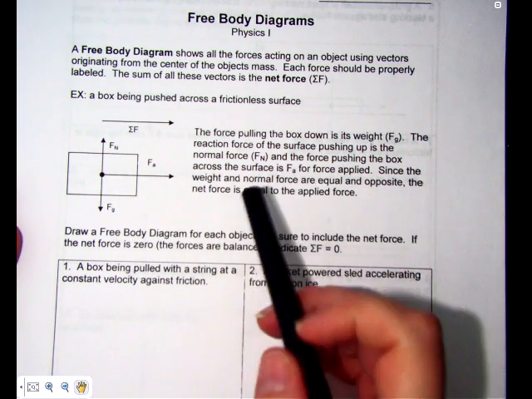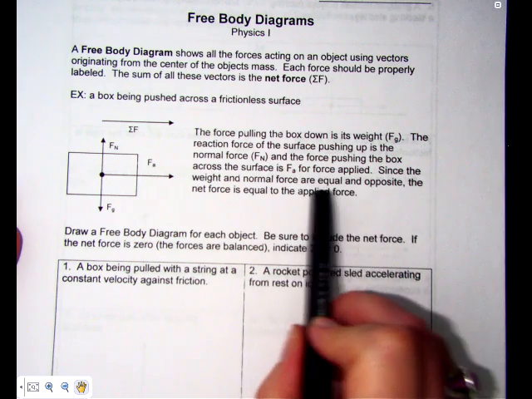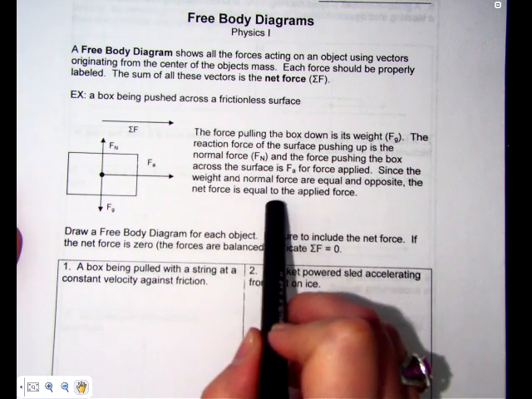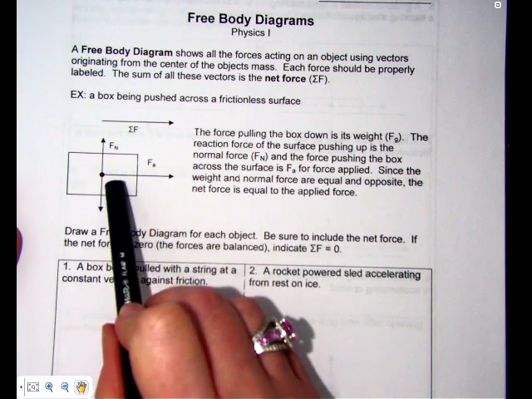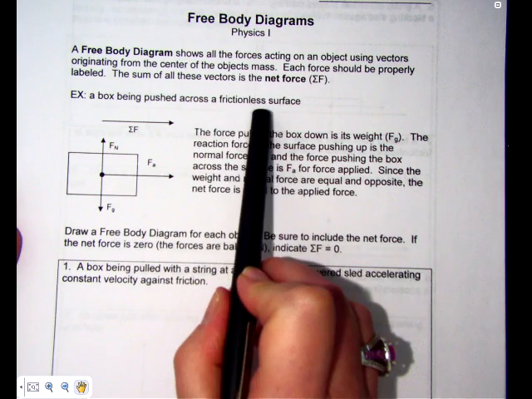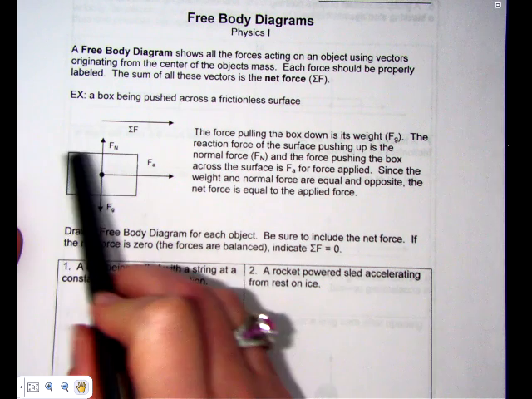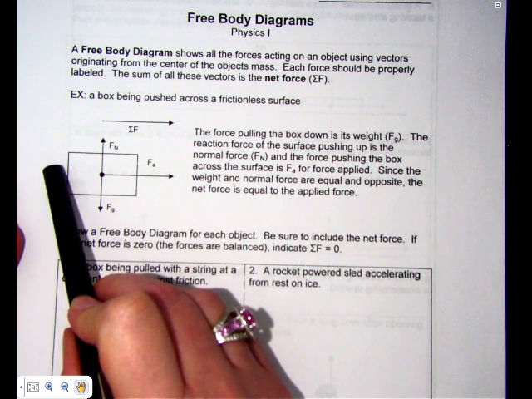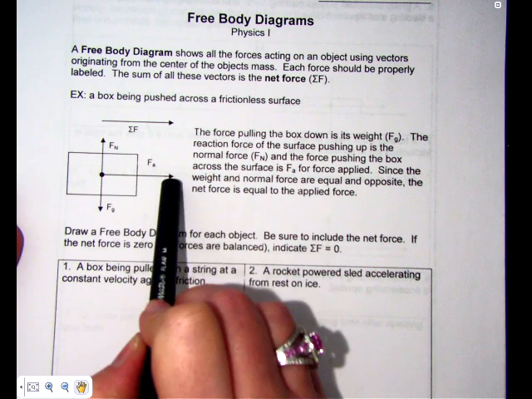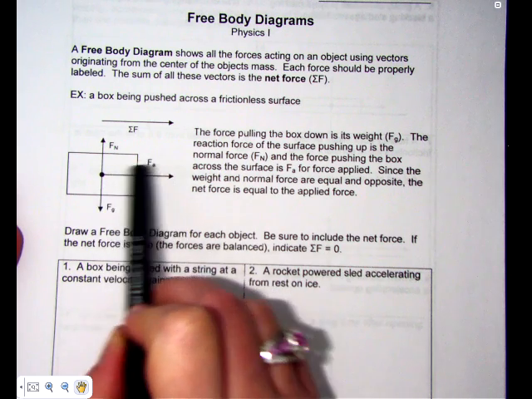And since the weight and normal force are equal and opposite, the net force is equal to the applied force. So because it said it was frictionless, we're not drawing the friction in this free body diagram. And so the overall net force is applied.